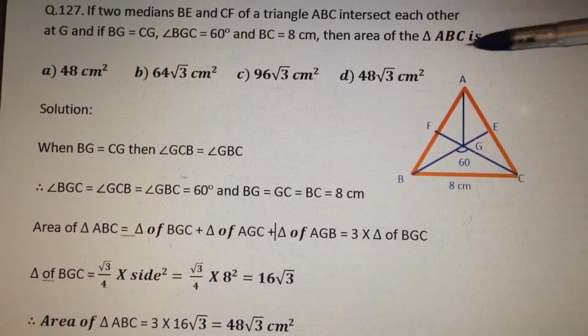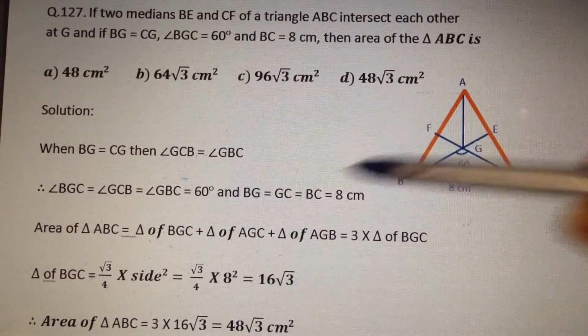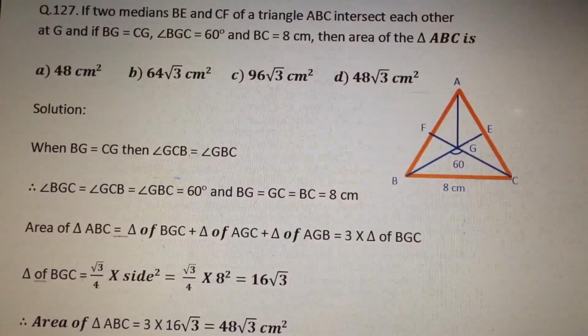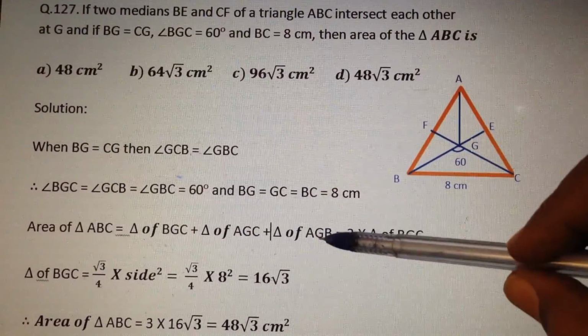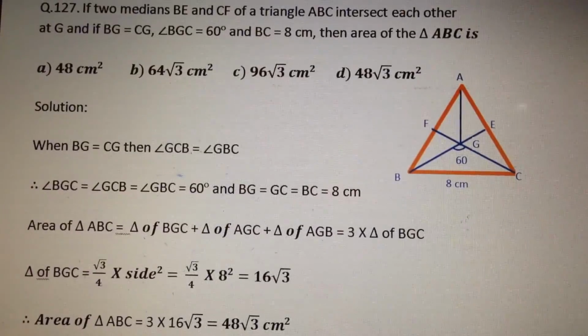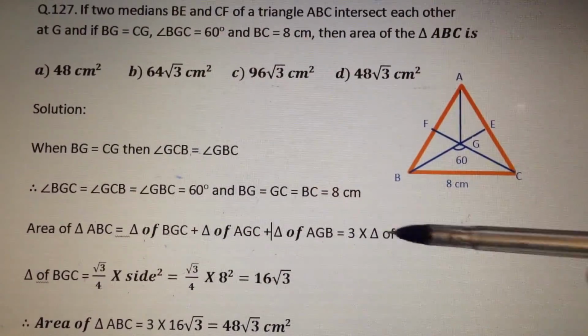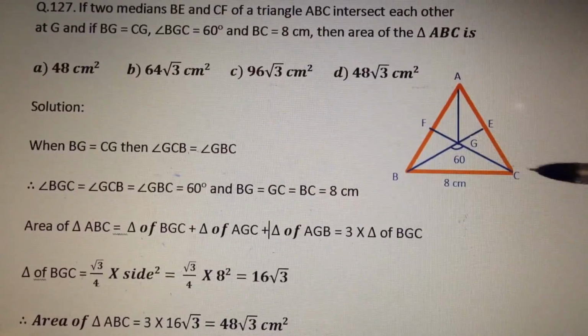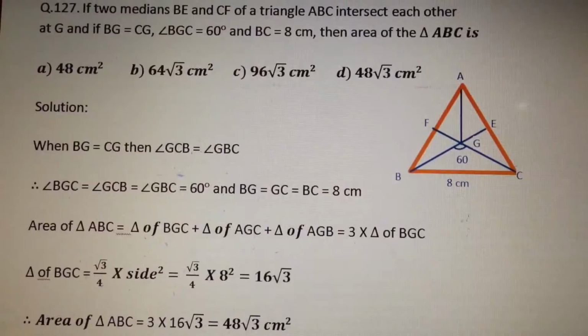Now the area of triangle ABC is equal to area of the triangle BGC plus area of the triangle AGC plus area of the triangle AGB. That is equal to 3 into area of the triangle BGC, because all the three triangles are equal in their areas.